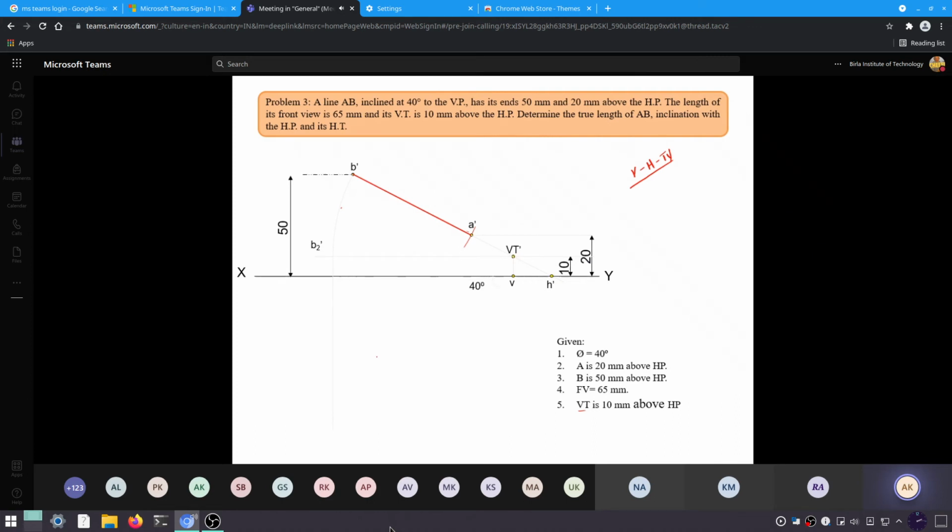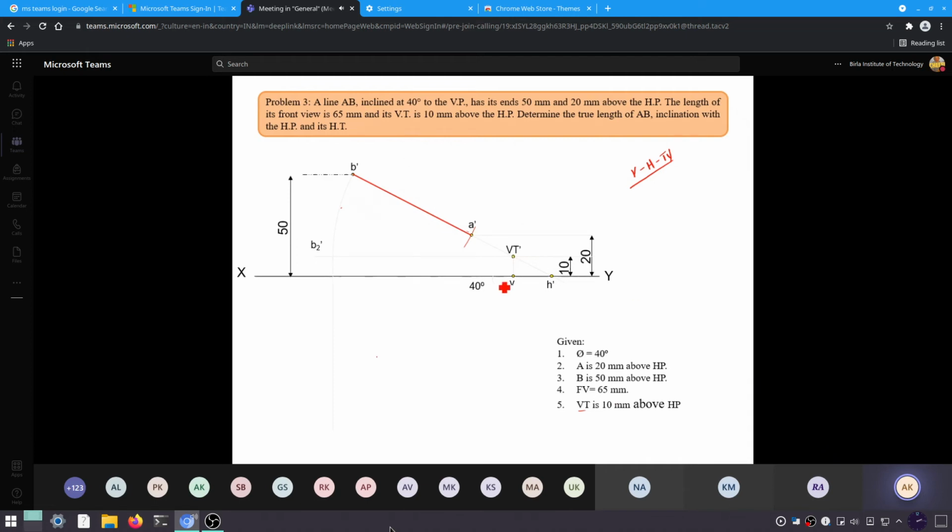Okay. So we know that phi is 40 degrees. Till now we have not used this information. This is the true inclination.